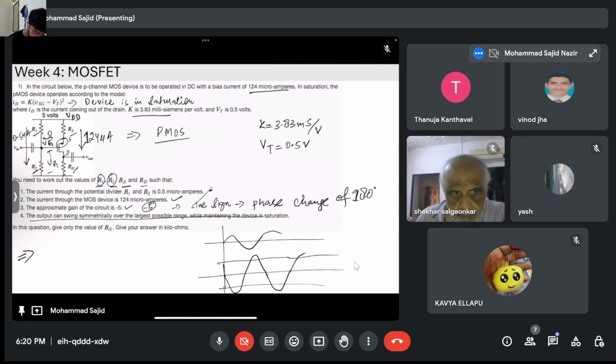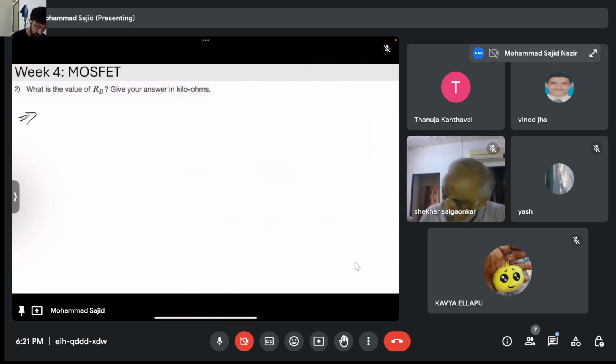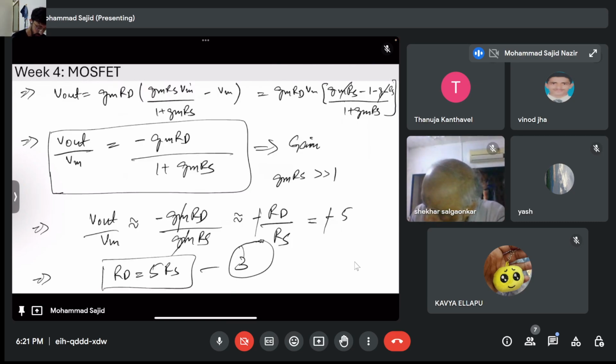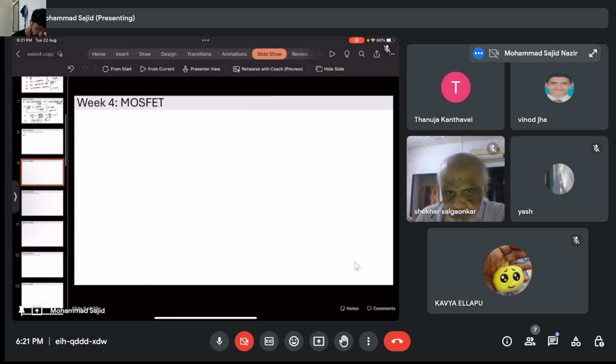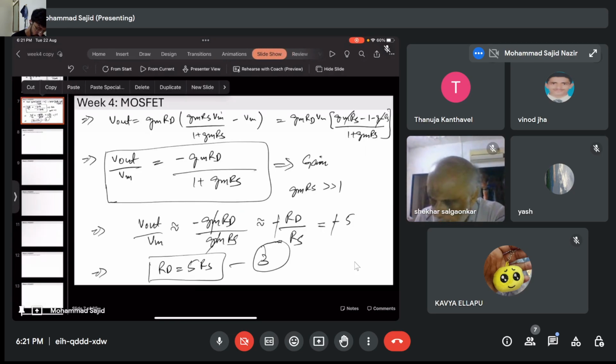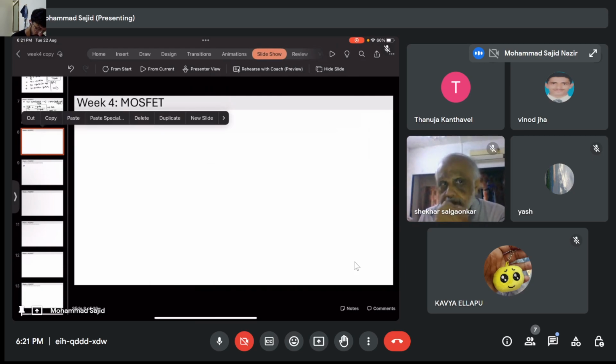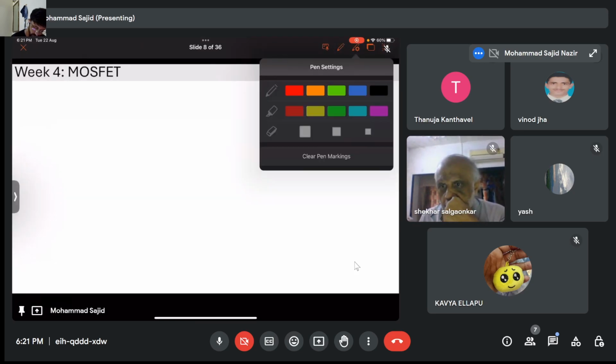Now next is the device can go to the largest possible range. Since it's given, we have to impose a condition, and then we'll be able to solve the whole question, right?